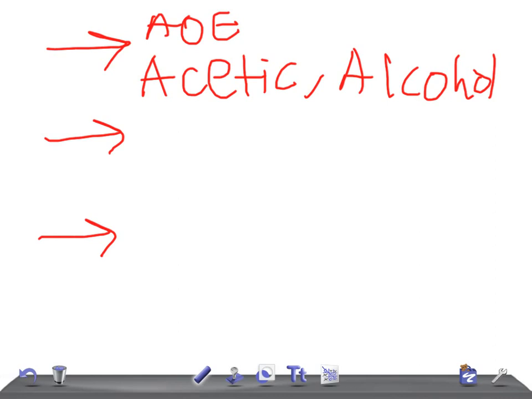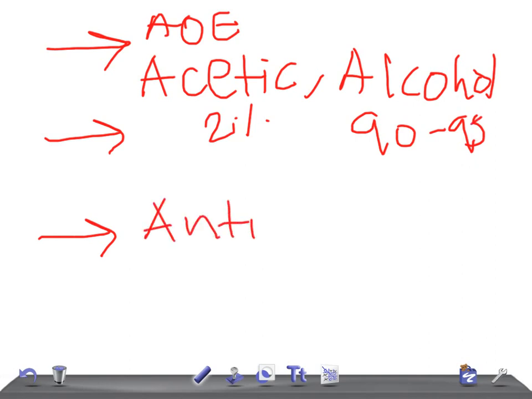Just remember the main treatment is acetic acid and alcohol. But if you are a resident, then you could remember acetic acid is 2%, and the alcohol could be 90 to 95% isopropyl alcohol. That's really very important.